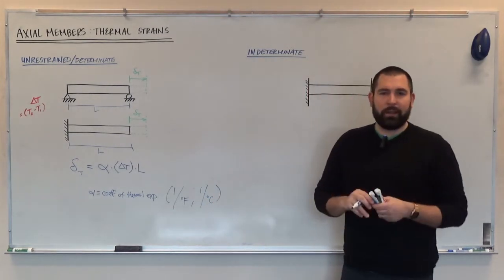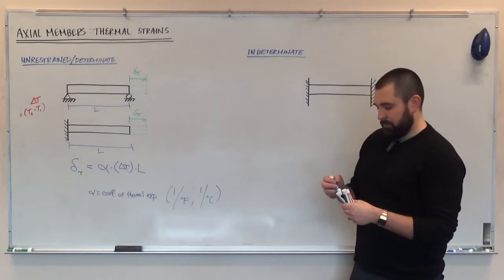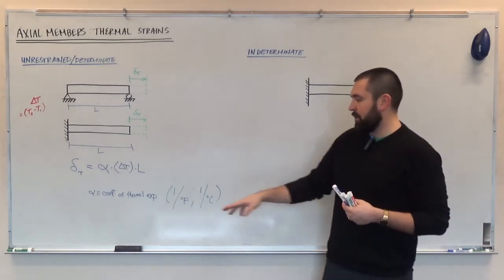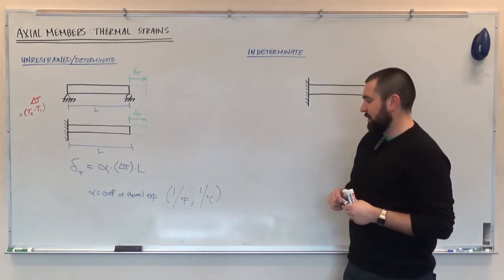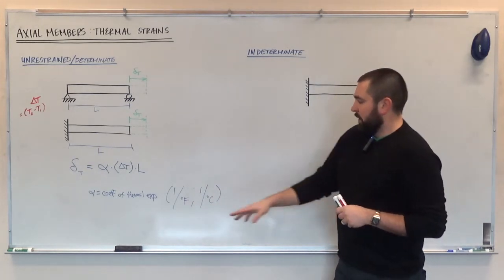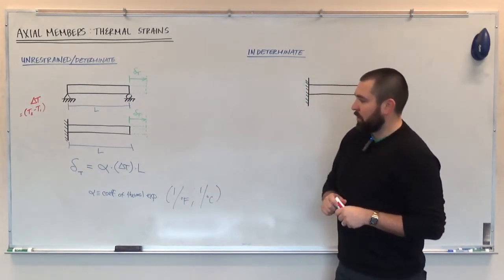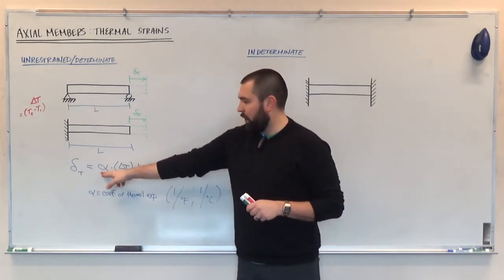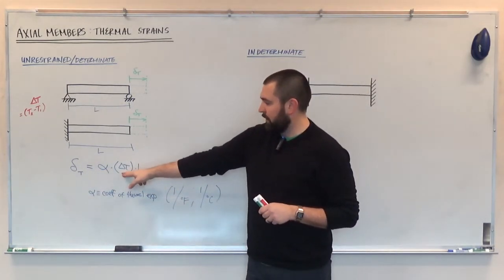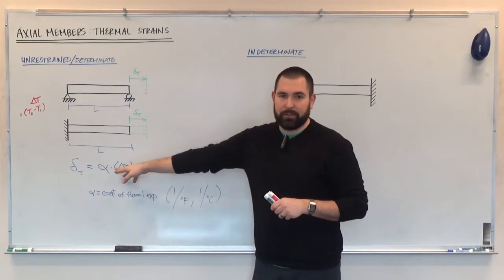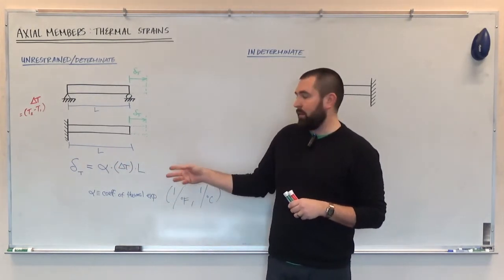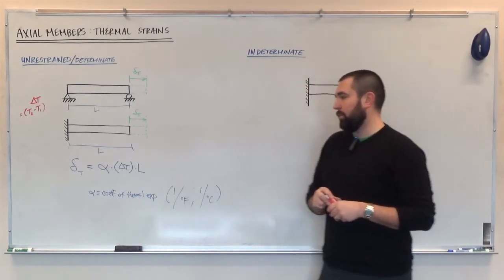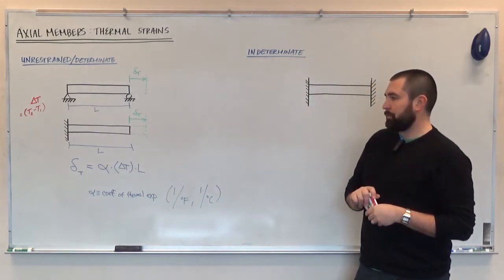You could do Rankine and Kelvin as well too, but here we're talking about change in temperature, so it doesn't really make a difference whether we're talking about Fahrenheit or Rankine or Celsius or Kelvin. The units work themselves out where this is 1 divided by temperature. This is temperature, so those cancel out. L is in units of distance, and so you get a distance as the result for this equation.